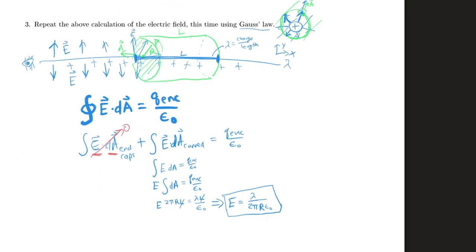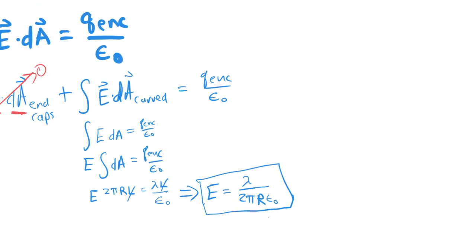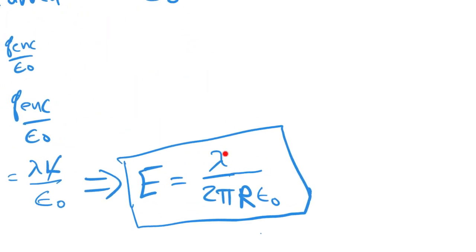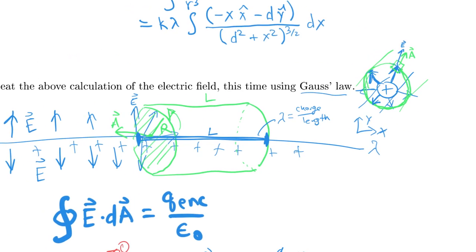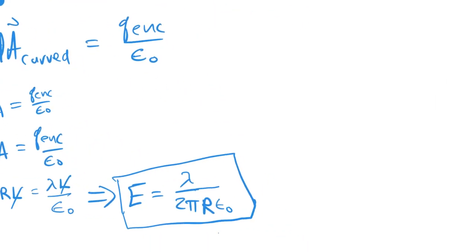Essentially, this equation says the magnitude of the electric field is this. And based on the little pictures that we drew earlier, we know the electric field is radially outward. So it's this magnitude, and the direction is going to be radially outward, cylindrically.